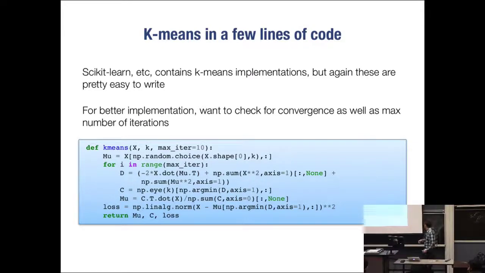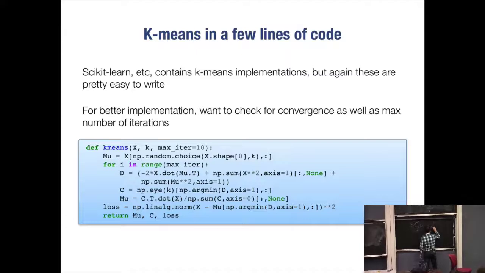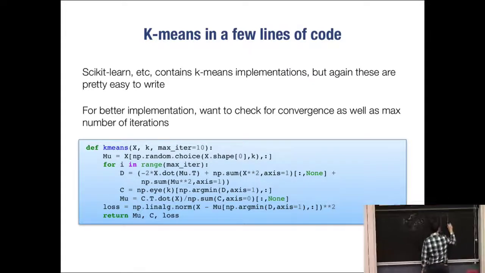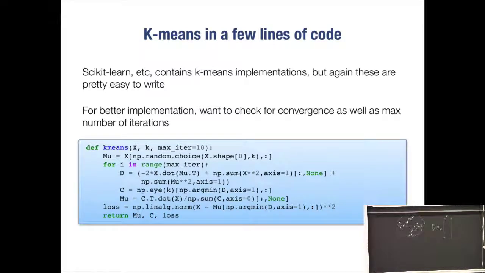Right, so D here would be an M by K matrix. And this function, the argmin function, just computes which index along this axis is the minimum one. So if this is the smallest element, it'll output 0. If this one is the smallest element there, it'll output 1, etc.